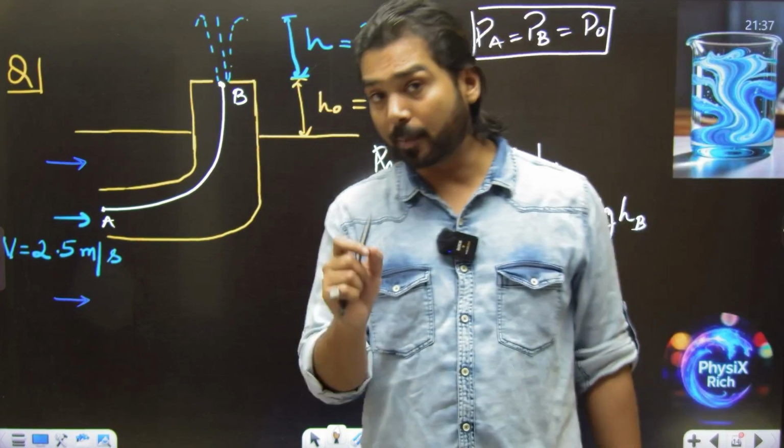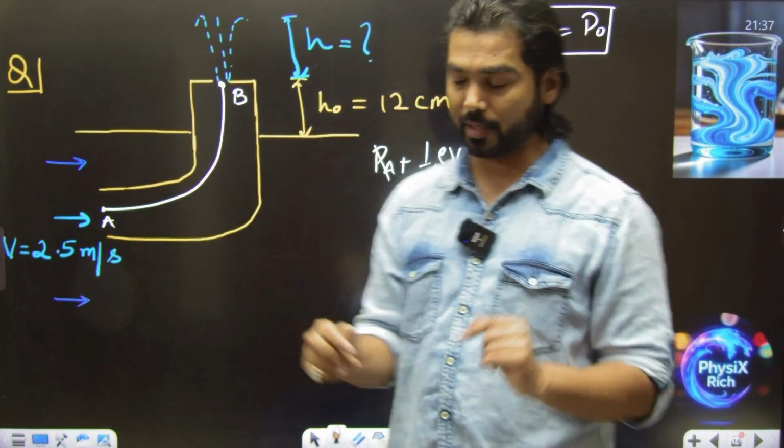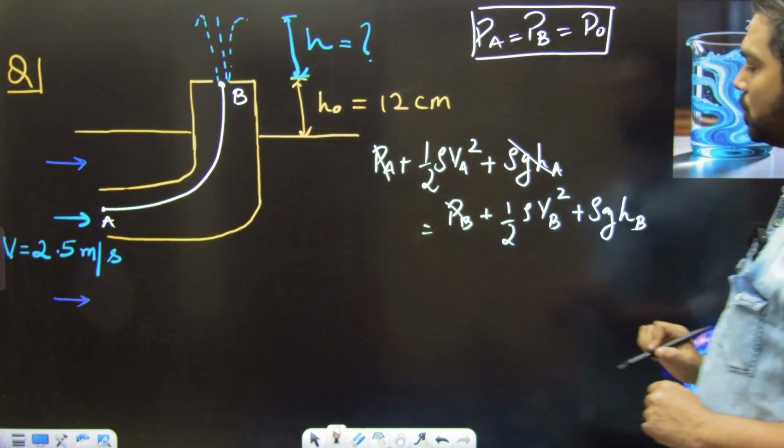Secondly, at point A, this height is negligible because it's not given in the question, so we will assume this term is also equal to 0.